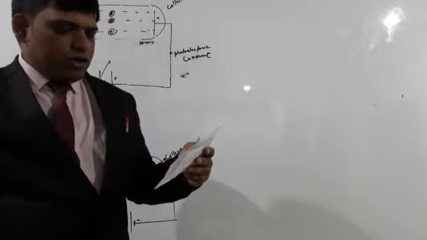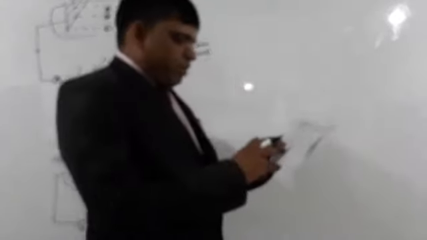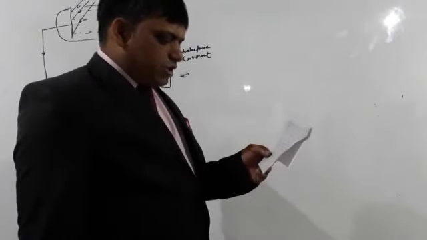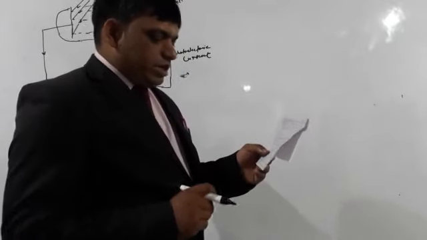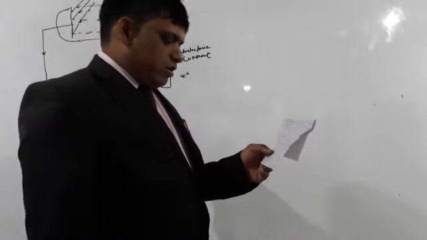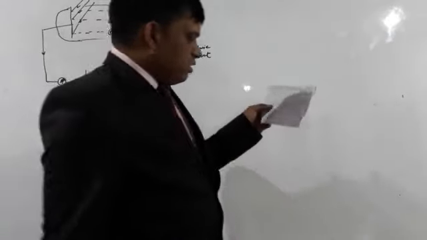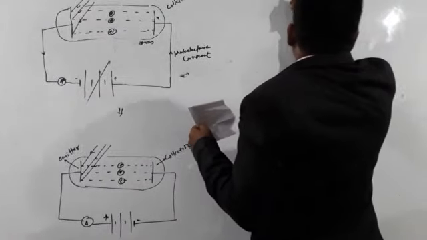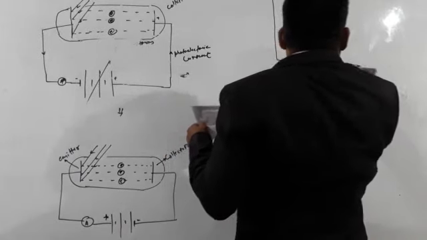The threshold wavelength is: option A is 5 into 10 to the power 14 meter, option B is 6000 angstrom, option C is 5000 angstrom, and option D cannot be estimated from given data. And the graph is given as, this is the graph.